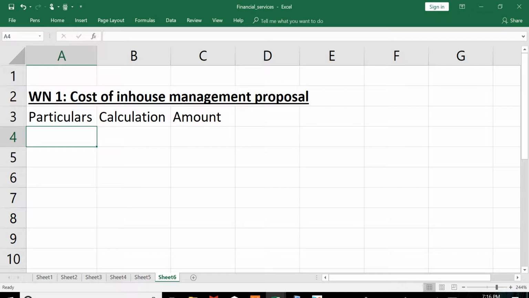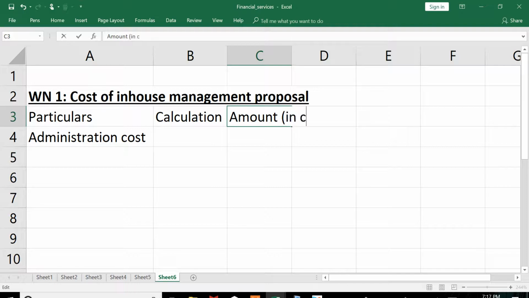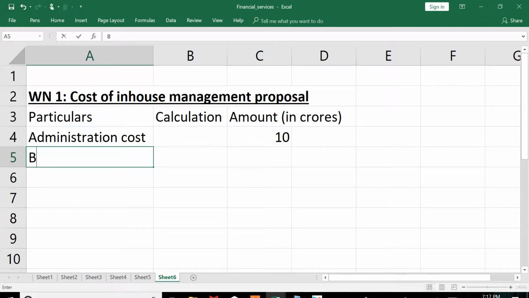We'll start with currently what are the expenses the company is incurring. Administration cost, we'll do it in crores itself. How much is the admin cost we are incurring? 10 crores. Bad debt cost.